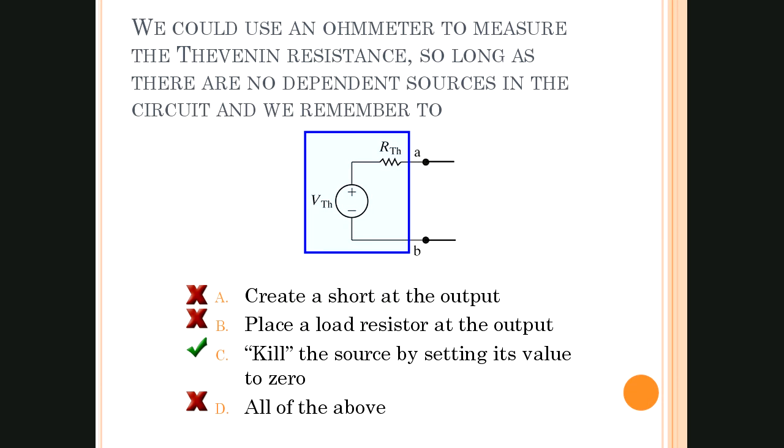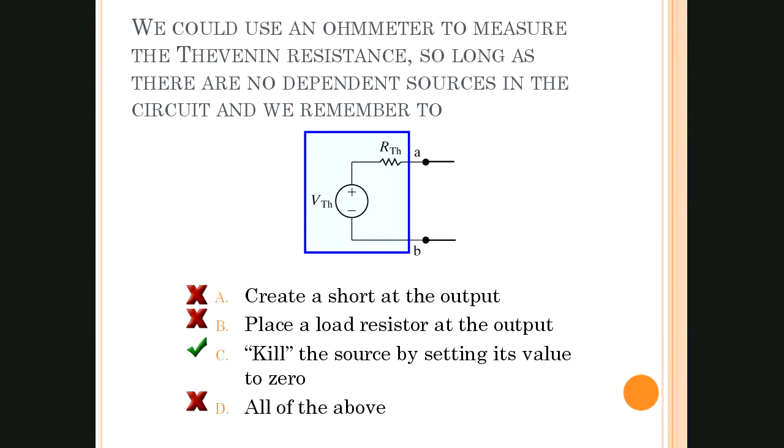And so it says we could use an ohm meter to measure the Thevenin resistance so long as there are no dependent sources in the circuit, and we remember to kill the source by setting its value to 0. Okay, so this is another thing that we have to learn. If we are going to use a dependent source in the circuit, because it's a constraint, we have to actually just eliminate it.